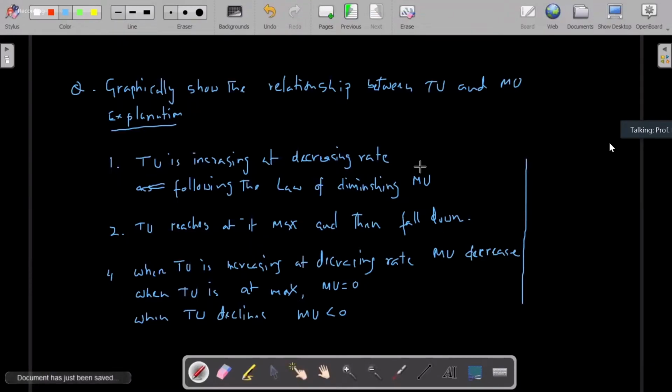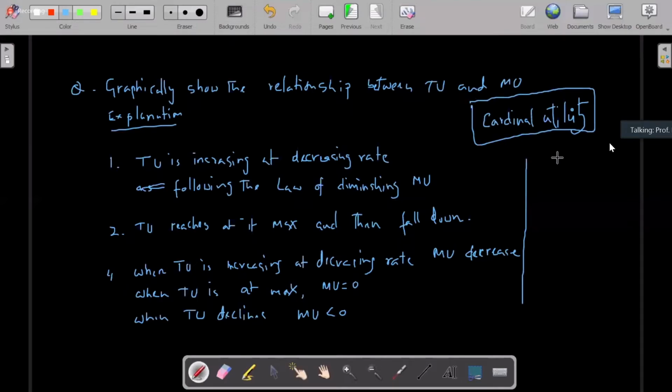All right. Now, so far we have discussed the cardinal utility. That means when utility is quantifiable by a unit called utils.